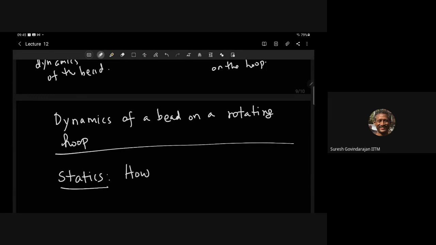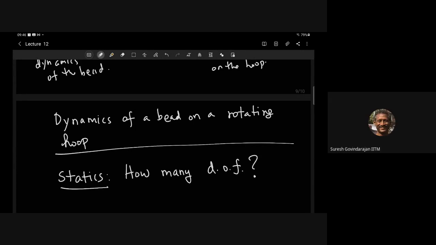How many degrees of freedom? Two. Somebody said 2, so we'll come back to 1 later. So 2, what are the degrees of freedom? First is where the bead is on the hoop, and second is where the hoop is with respect to the z-axis.